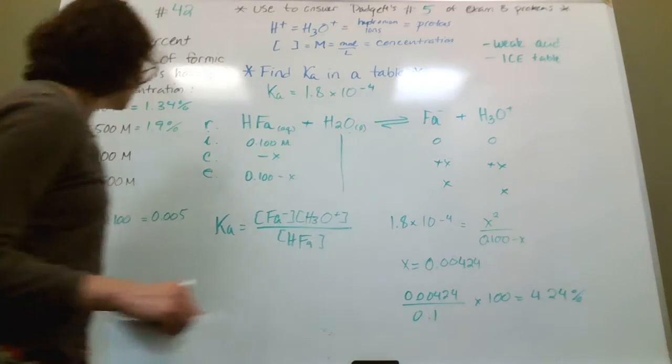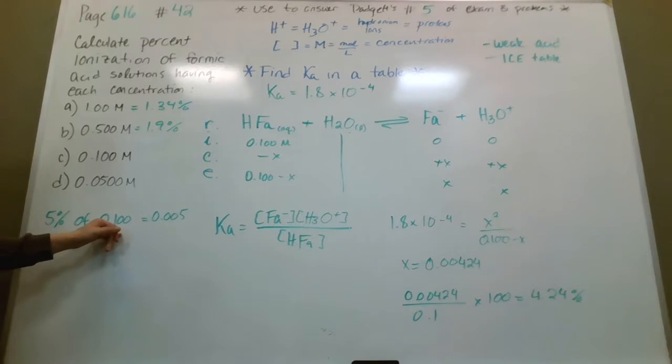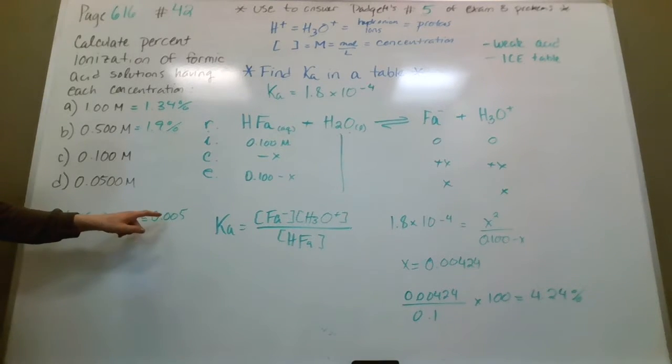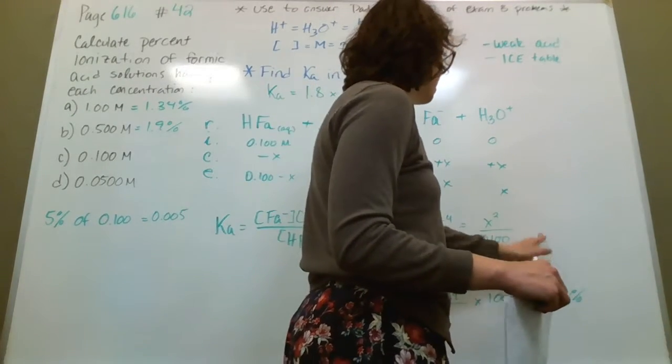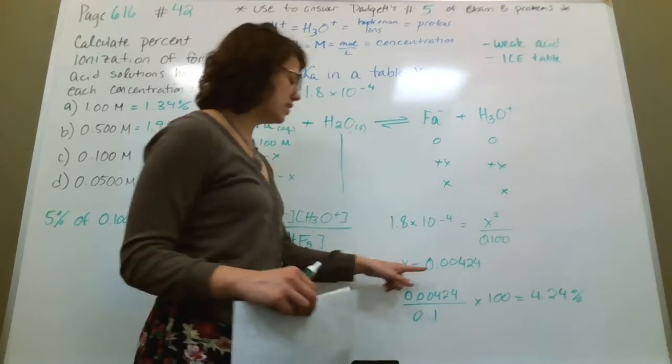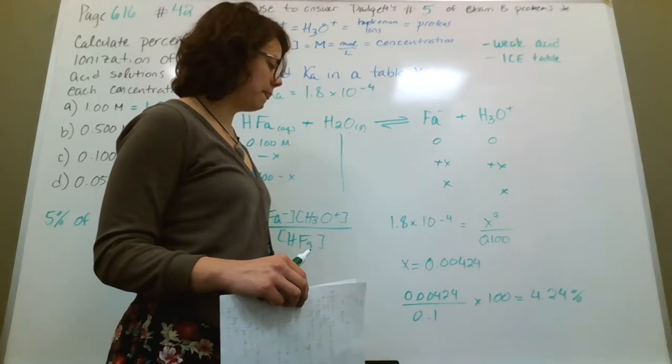If we want to use a small x approximation, our x must be less than 5% of 0.1, so it has to be less than 0.005. If I use the small x approximation, I get just under 0.005. So we're in the clear.